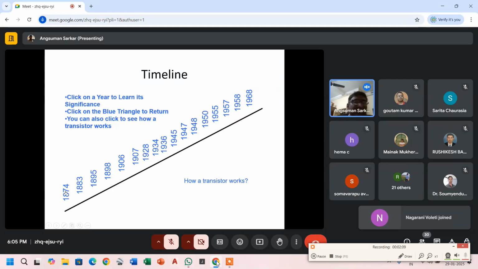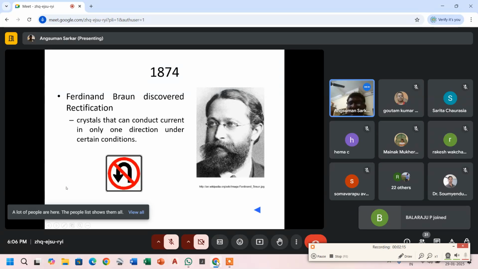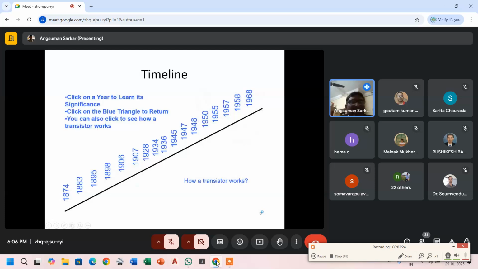So first, I'll click on the year 1874. In 1874, Ferdinand Braun discovered rectification. This is the thing that a crystal can conduct current in only one direction under certain conditions.